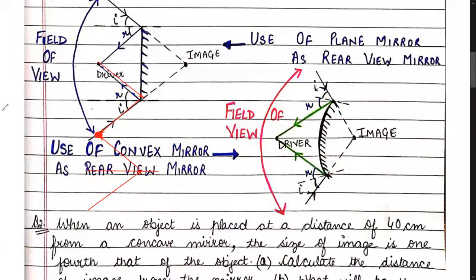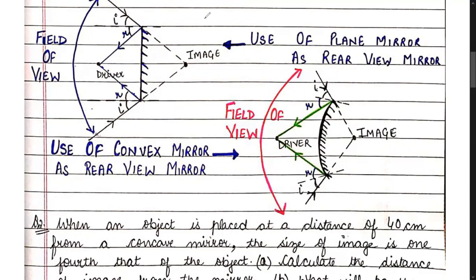And children, in case of plane mirror, your normal was a straight line because the surface was completely vertical. But in this case, your normal will be drawn a little tilted because the surface is curved.